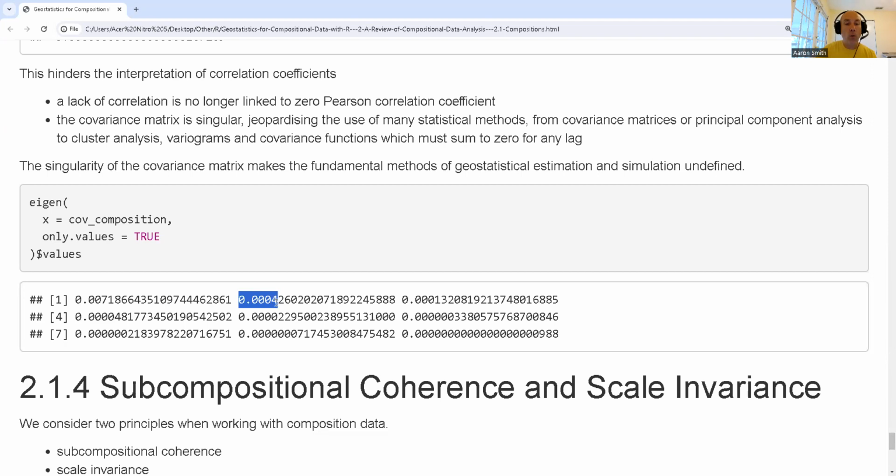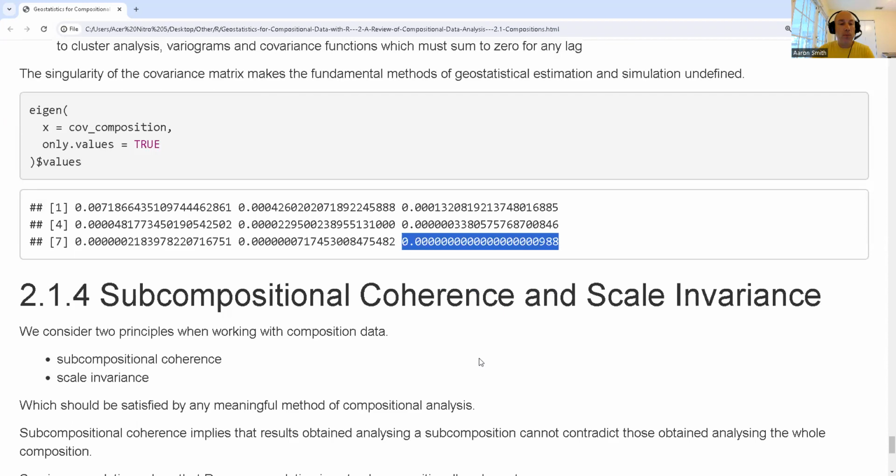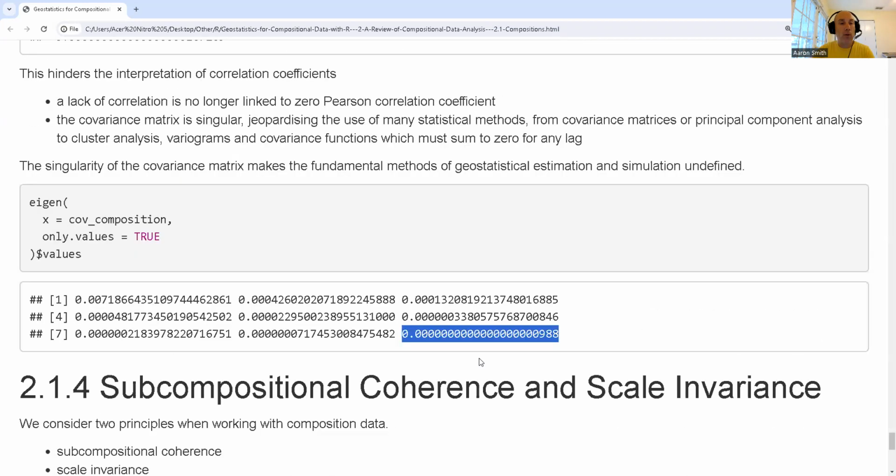Here, this is an order of magnitude less than eigenvalue 1. Now here, we start dropping off by quite a bit. And by this point, you can see that's a zero eigenvalue up to machine accuracy. And so we can see that our covariance matrix has to be a singular matrix.